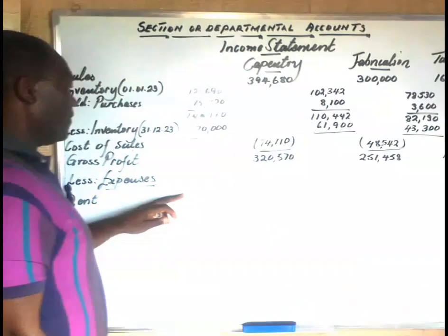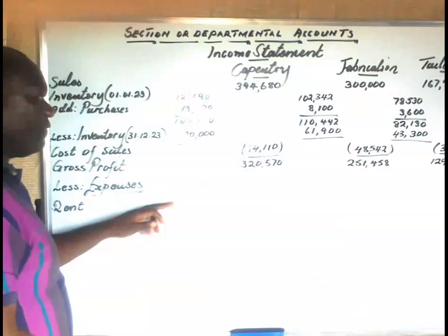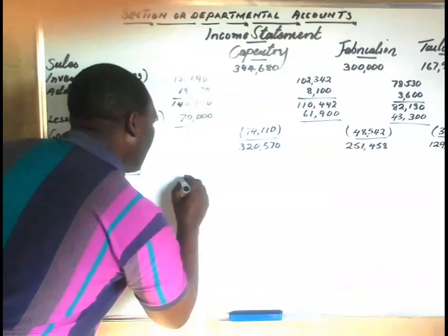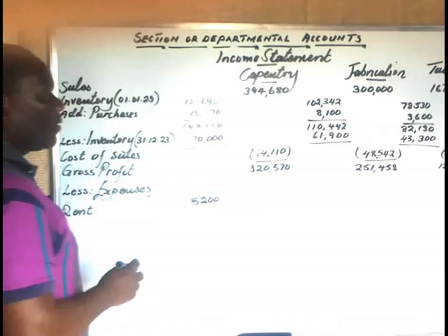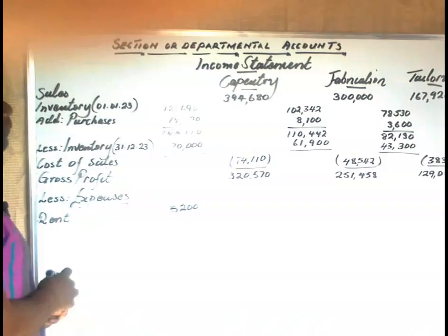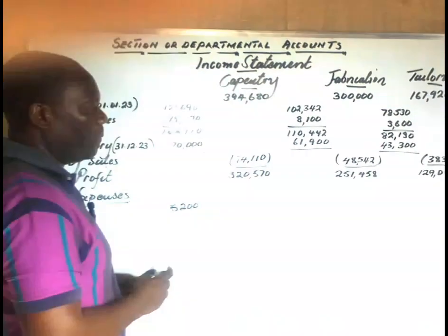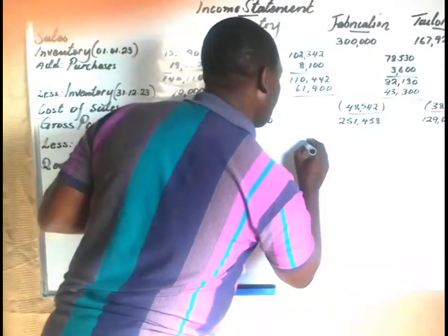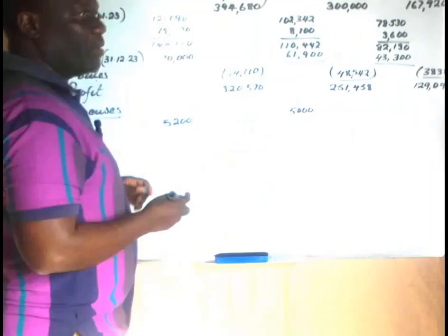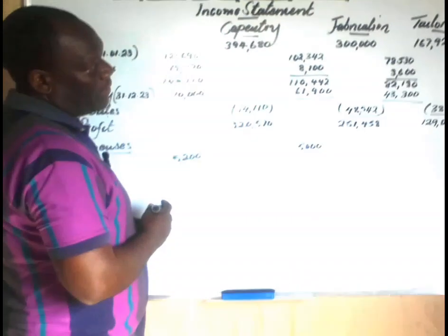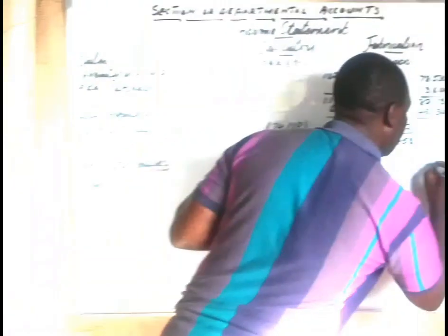So rent for carpentry is 5,200. Then the rent for metal fabrication was 5,000 flat. Rent for tailoring was 2,100.